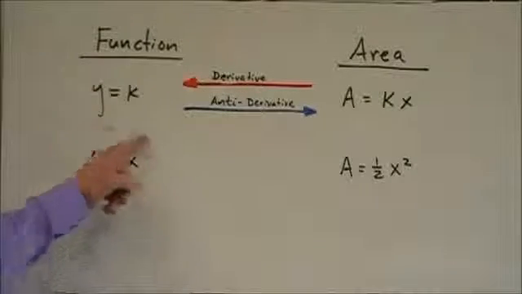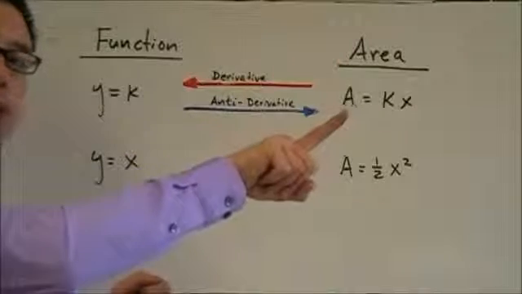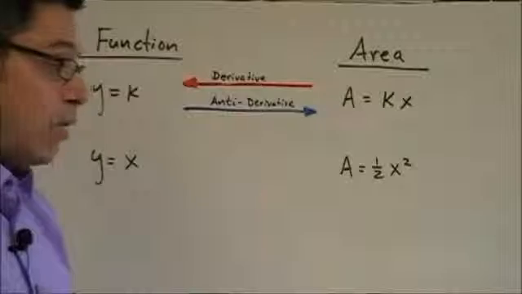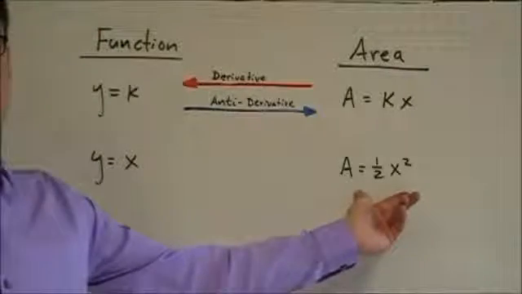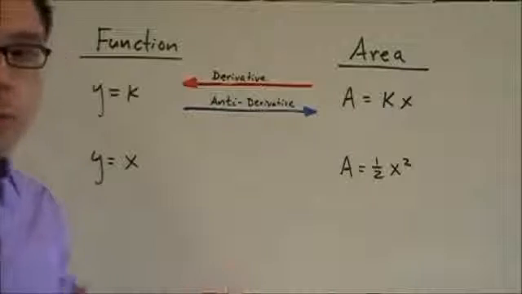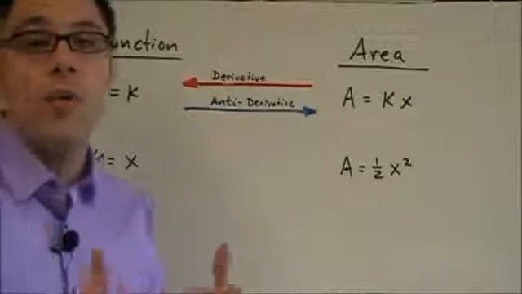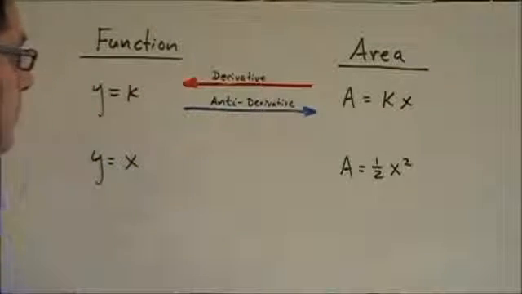And similarly, when we started with the function x, the 45-degree angle line, and I wanted to find the area of the triangle out to some distance x, starting at the origin, it was given by 1/2 x squared. We just determined that from the geometry of the problem. We know the area of a triangle and of a rectangle from before.